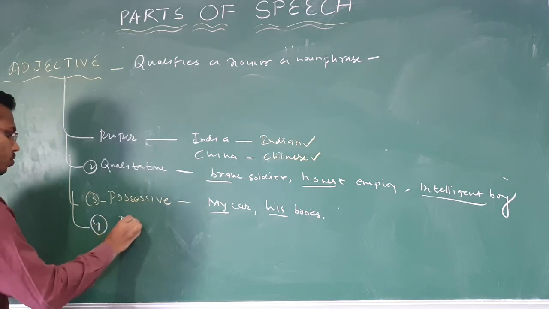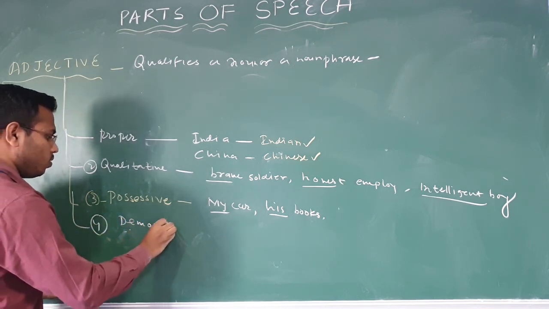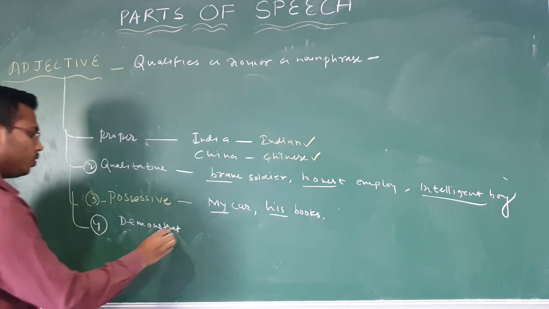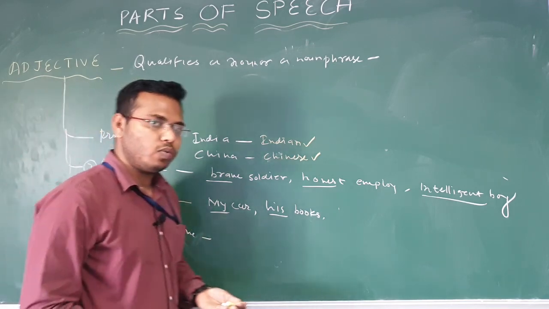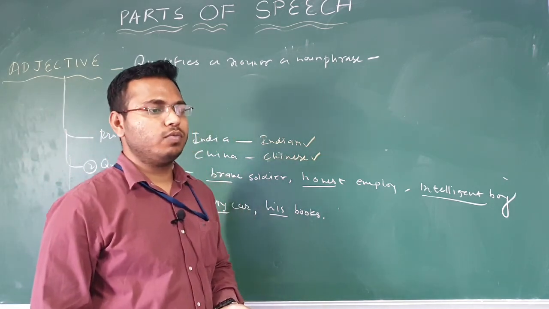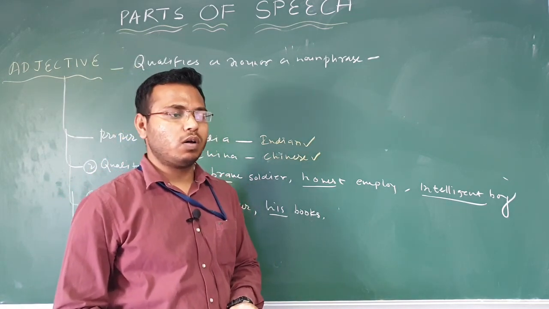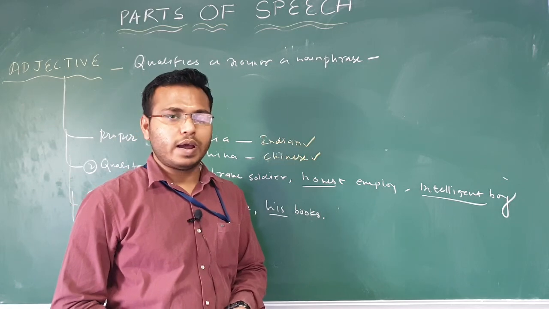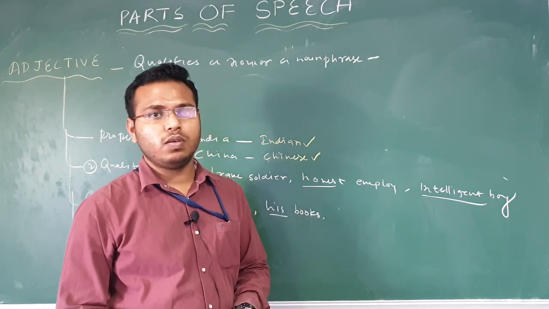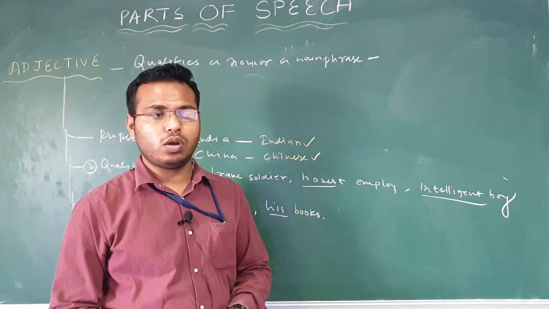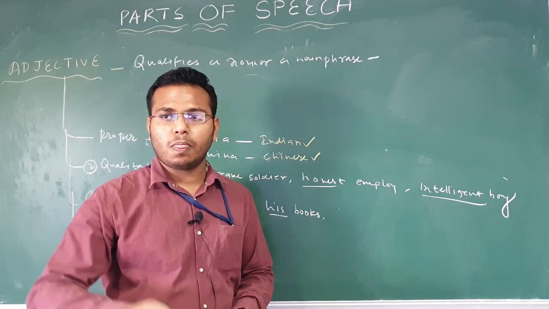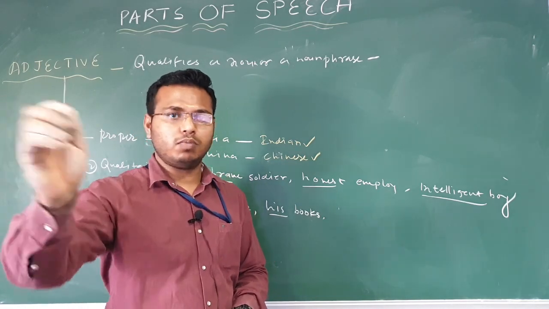Then we have the demonstrative adjective. Those words we discussed in pronouns: this, that, these, those, are used to point out, like that is my book.